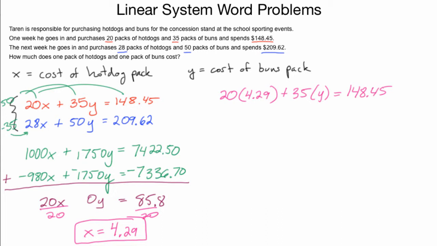All right, so 20 times 4.29 means that he spent $85.80 on hot dogs. We still need to solve for Y.